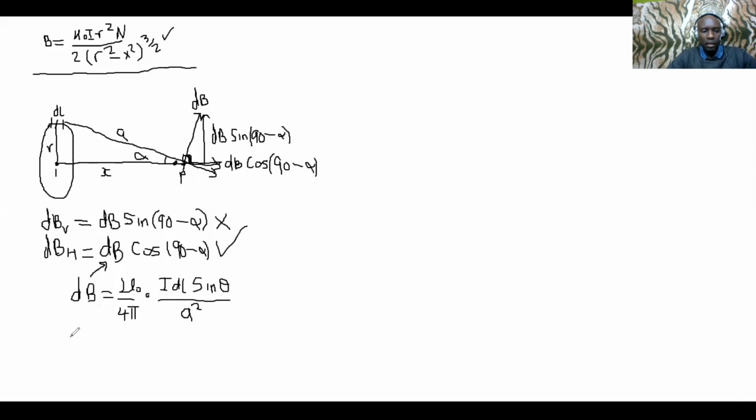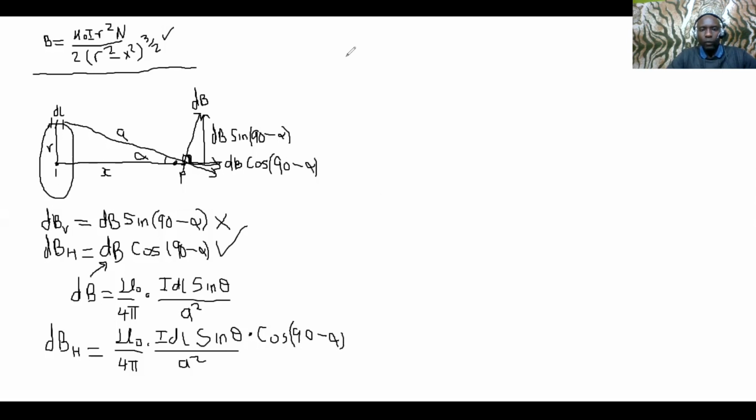If we place it there, what we obtain is dBH. Now dBH will be equal to mu naught over 4 pi multiplied by I dl sine of theta, divided by a square, and we multiply by cos of 90 minus alpha, just like that.